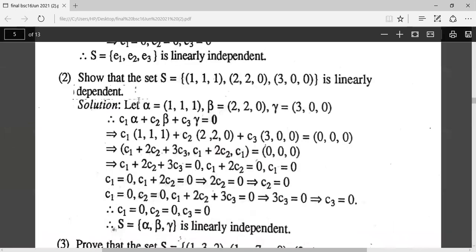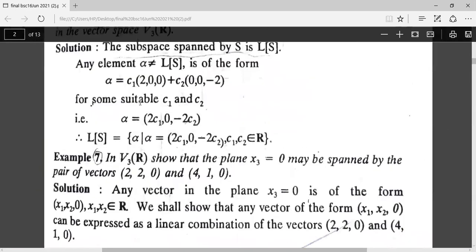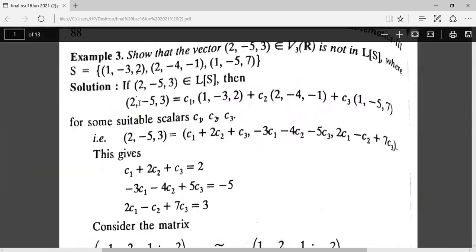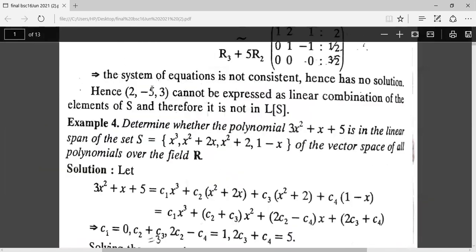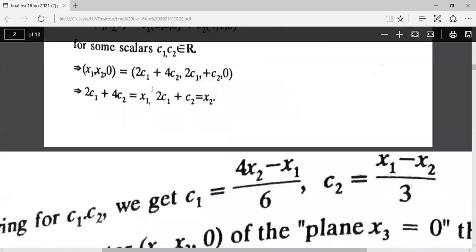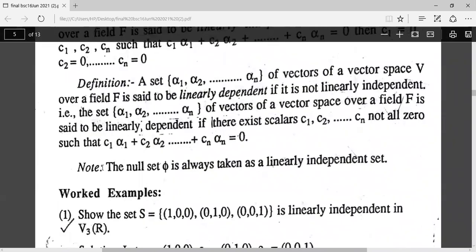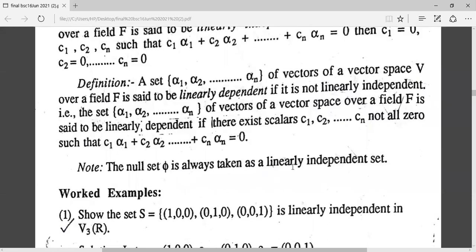This is because in the definition of linear independence, we have a note there. That note may not be here, but I shall go through that, whether that note is there or not. Yes. Here we have the null set phi is always taken as a linearly independent set.